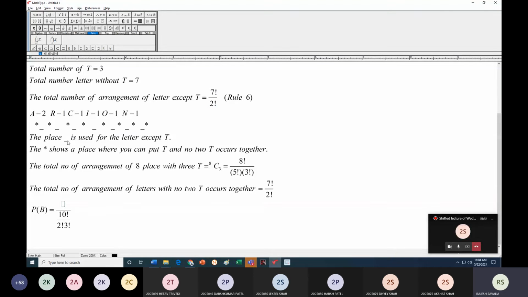Second trial, arrangement of T in between the letters A, R, C, I, O, N, that is 8 factorial divided by 5 factorial into 3 factorial, using rule 2. Any doubt?